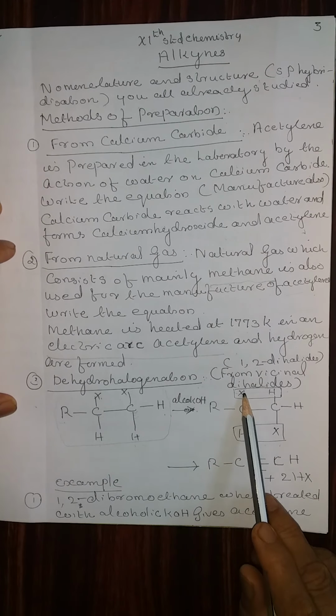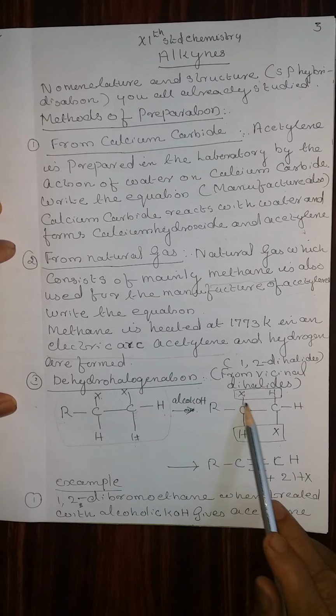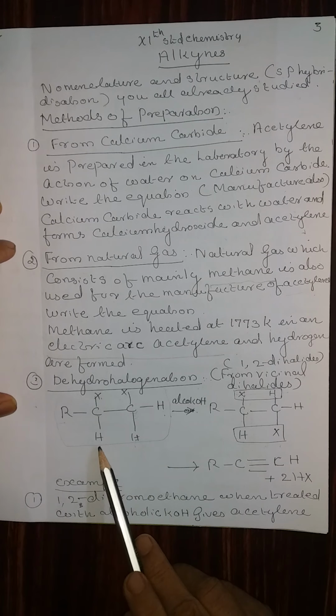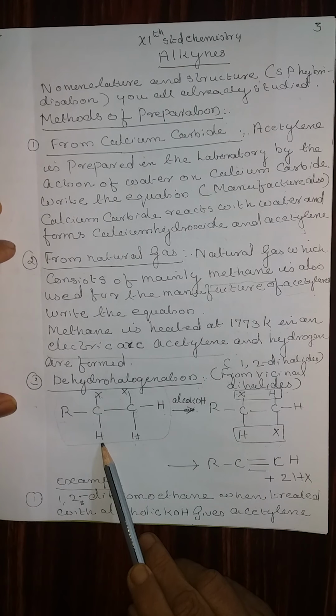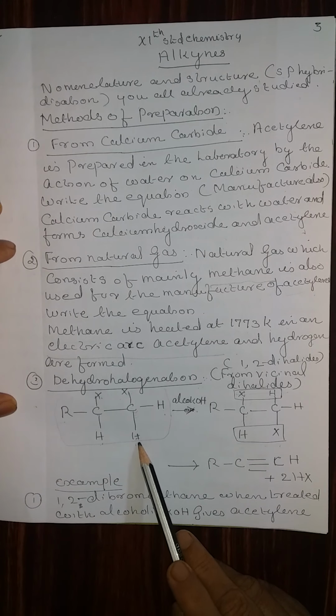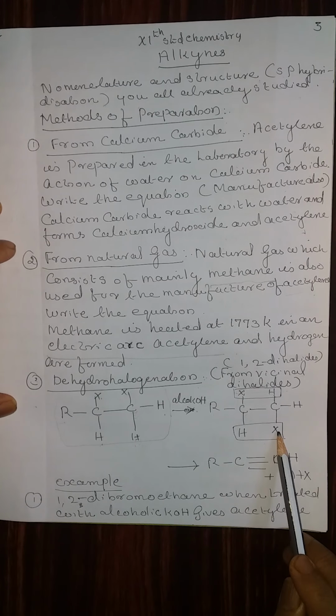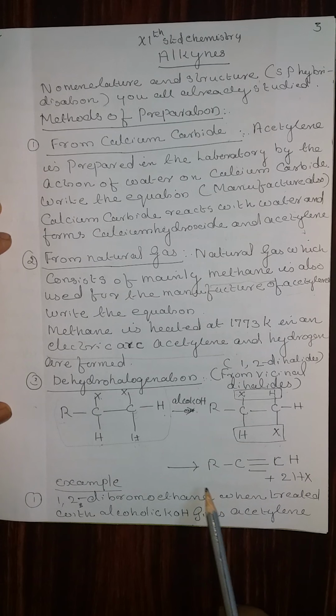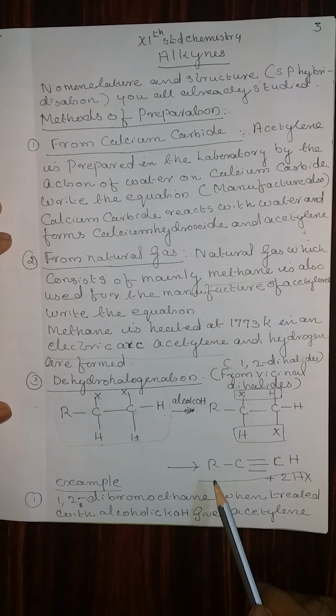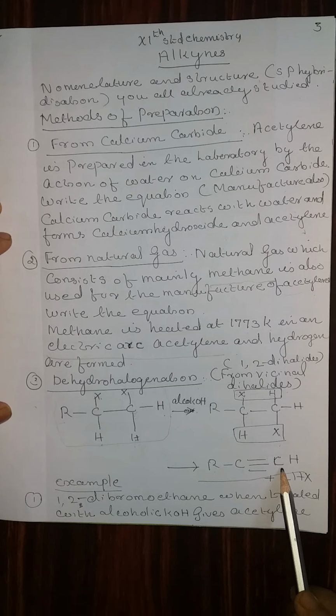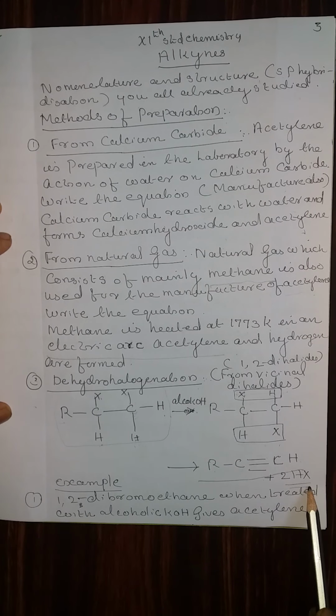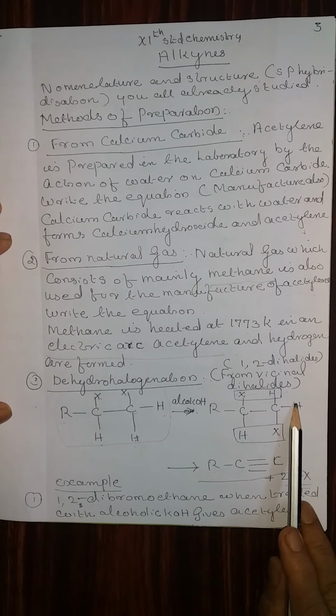That means this hydrogen is placed here, so that HX is eliminated. Similarly, here there is already an H. This X can be written here, so that another HX molecule is eliminated. And an alkyne of the formula R-C triple bond CH plus 2 molecules of hydrogen halide is obtained. This is the general representation.